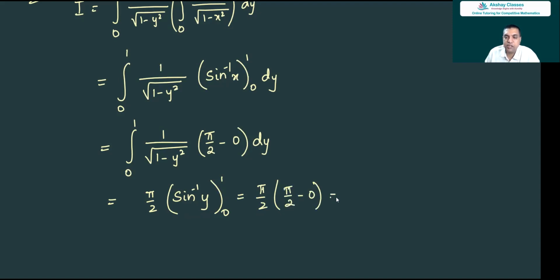Now pi by 2 comes out, and then we have the integral of 1 upon under root 1 minus y square with respect to y, which will be sine inverse y from 0 to 1. So pi by 2 times sine inverse 1 minus sine inverse 0. So we'll get pi square by 4 as the answer.